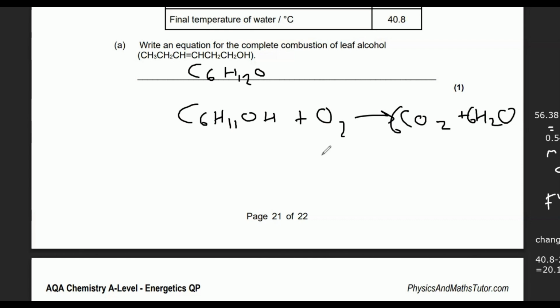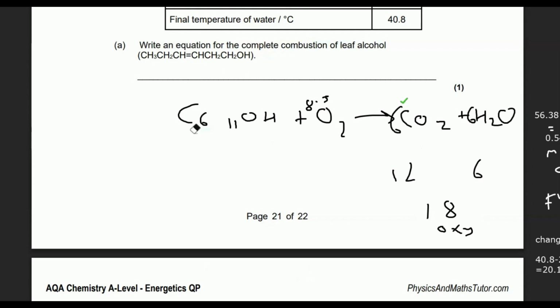So altogether, I've got 12 oxygens there and I've got 6 there. That makes 18 oxygens, right? But over here, we've already got one there. So I only need 17 oxygens. So I want to do 8.5 O2 here, because 8.5 times O2 is 17, and we've got the extra one over there.